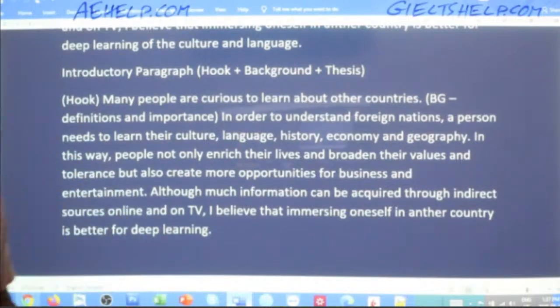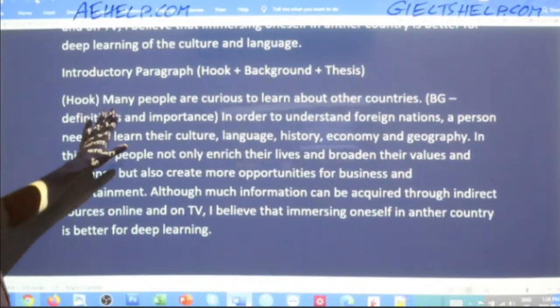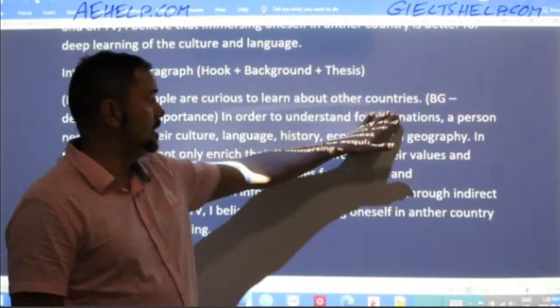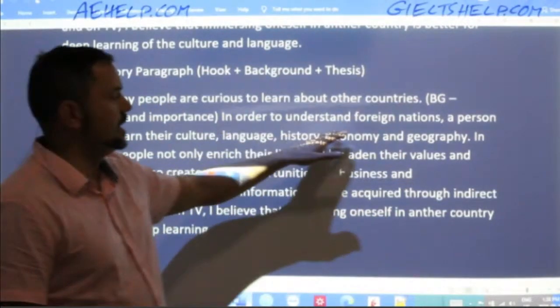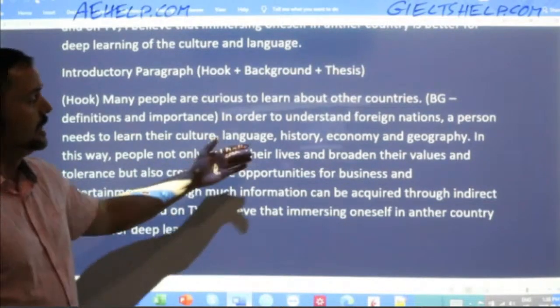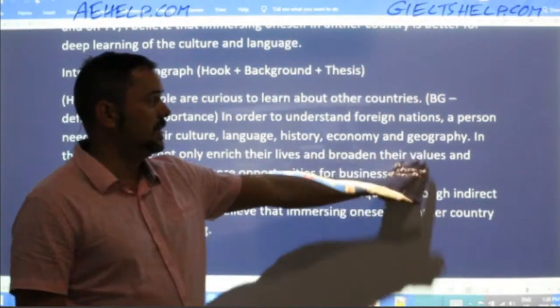So we discussed the hook, the background, and came up with an introduction like this. Some of you came up with some similar introductions, some of you with even more details. Let's just review this. So many people are curious to learn about other countries. In order to understand foreign nations, a person needs to learn their culture, language, history, economy, and geography.